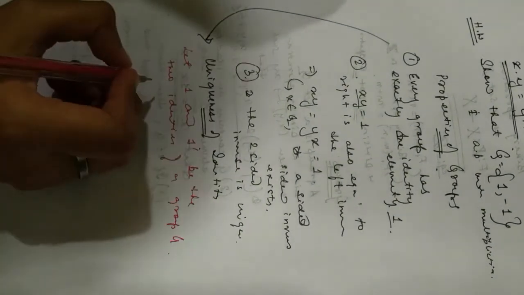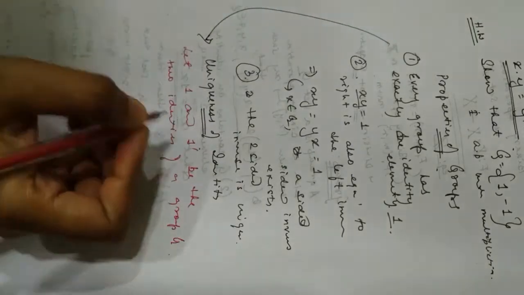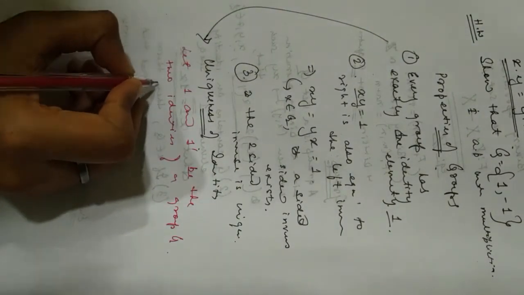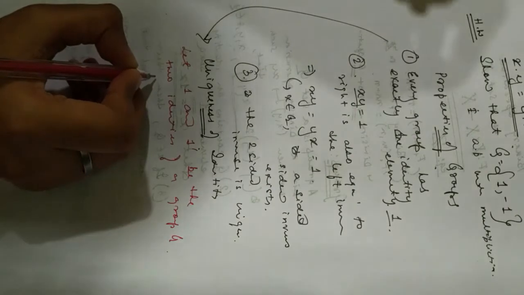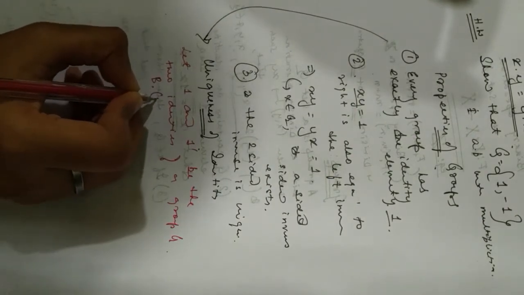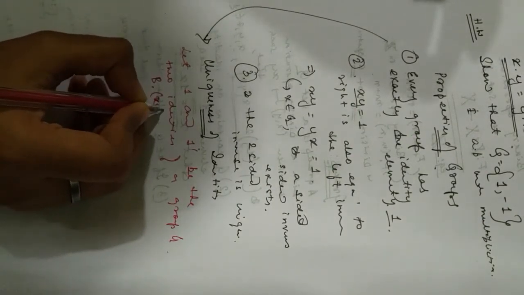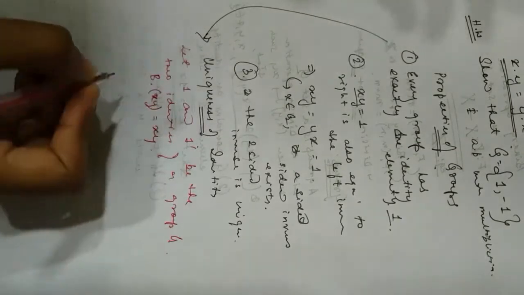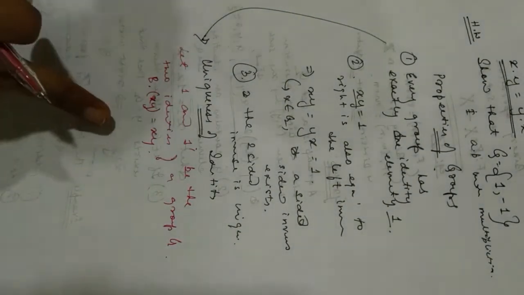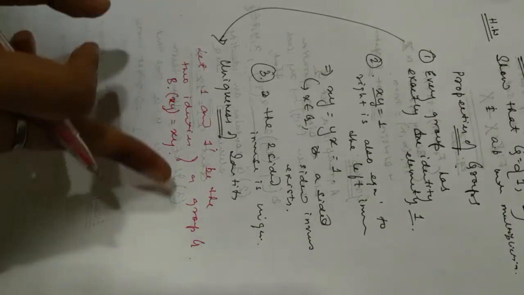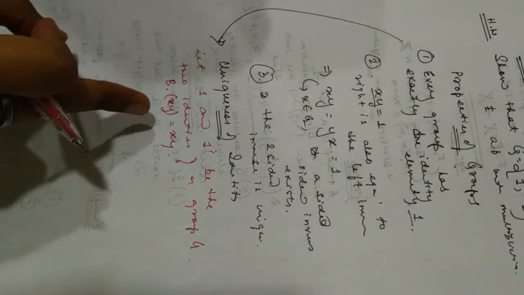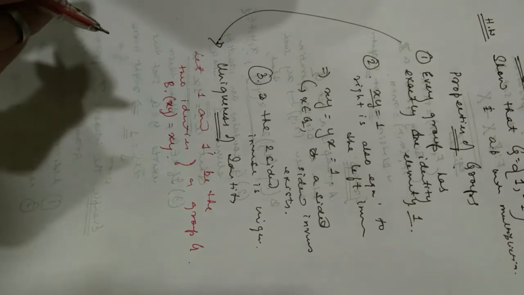And let the binary operation be given by dot, x dot y is equal to xy. It can be a plus, minus or whatever for various groups, but for our convenience we are writing it like this.